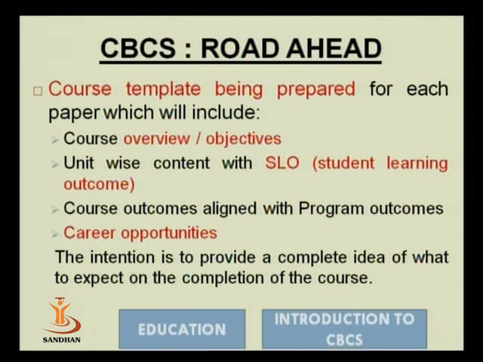And finally, the career opportunities after the completion of the course have to be mentioned so that the student completely knows that this course, if I go in for this course as an elective, how will it help me in my way ahead? He must have a complete idea of what to expect at the end of the course.